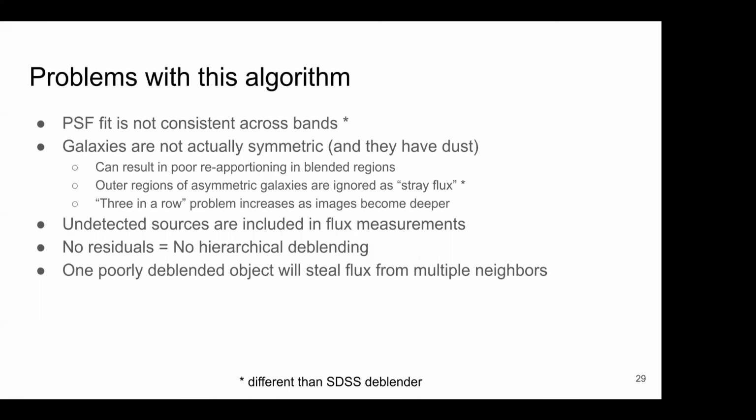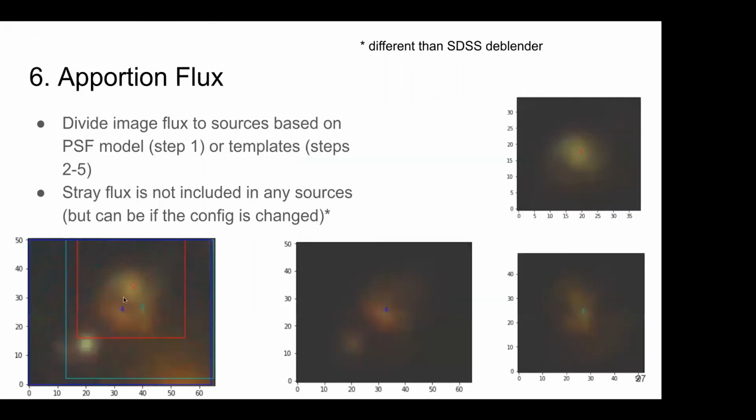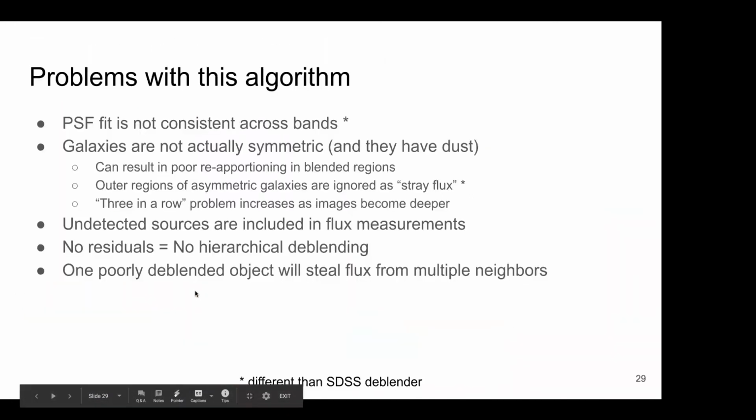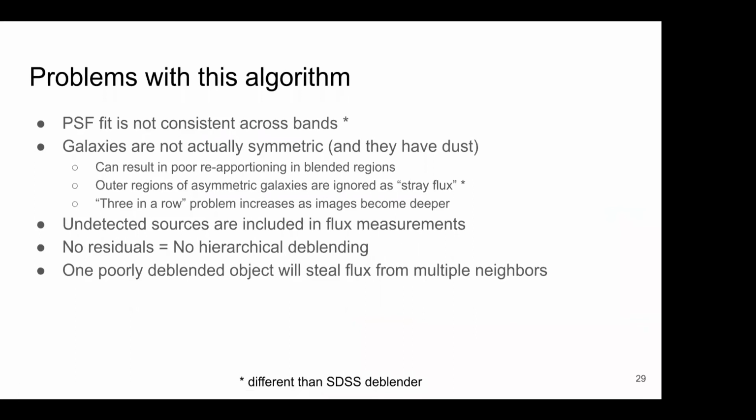The outer regions of asymmetric galaxies are ignored as stray flux. Again, this wasn't done in Sloan, but this was a decision that they made based on the HSC processing with the current Deblender. And the 3 in a row problem, right? This problem where you have 3 sources in a row and this argument of symmetry breaks down, is going to increase as images become deeper.